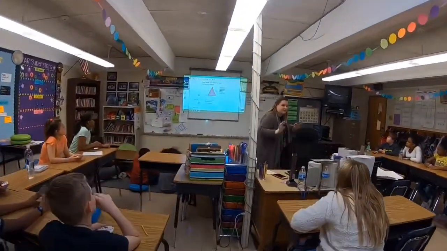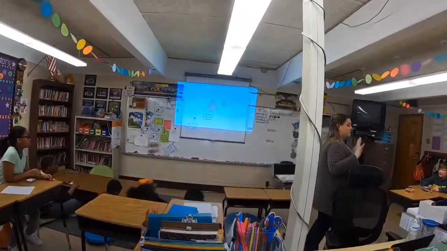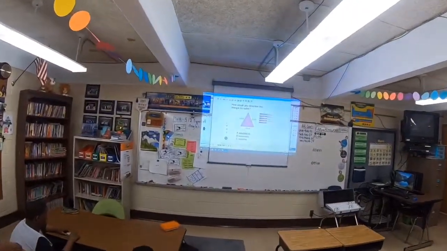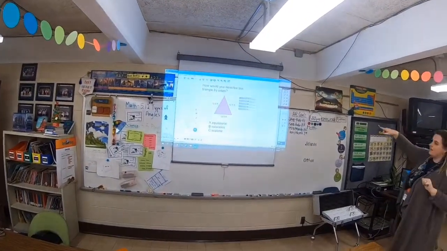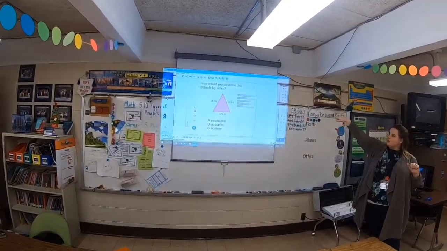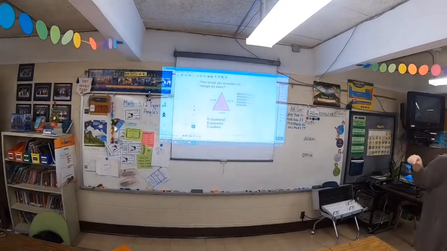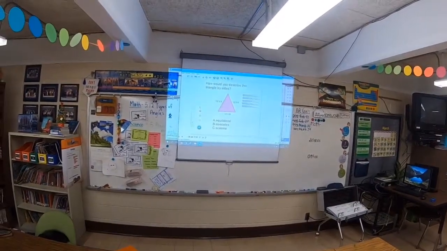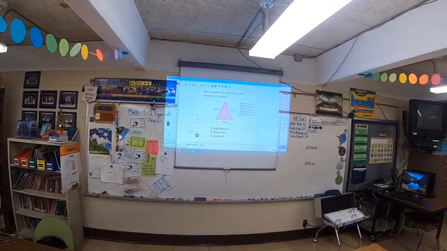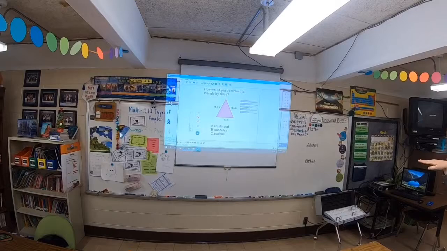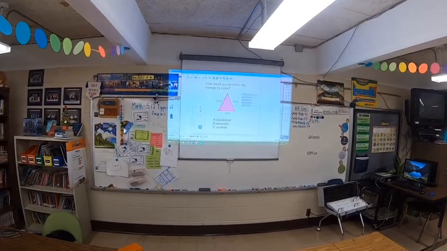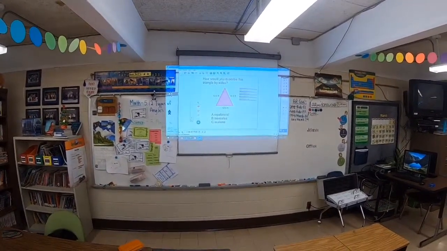Okay, question number 1. I'm not going to click it until we think about it for a second. It says, how would you describe this triangle by sides? 12.5, 12.5, 12.5. You have your ABC options. I know you haven't done this before, but when I click it, it's going to light up, and you select A, B, or C, which one you think it is. I'm going to push the button.